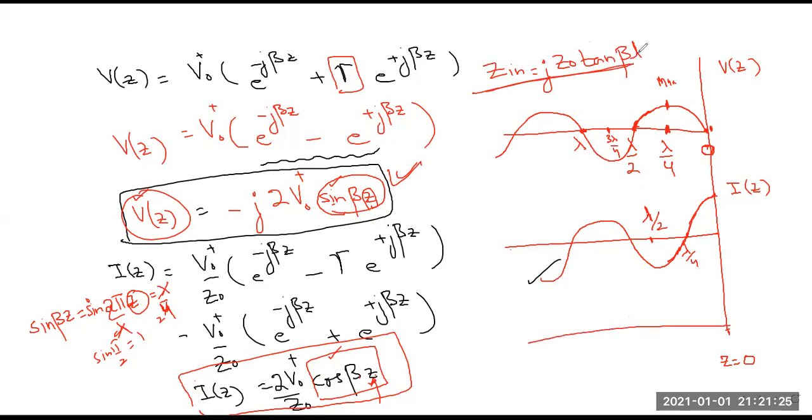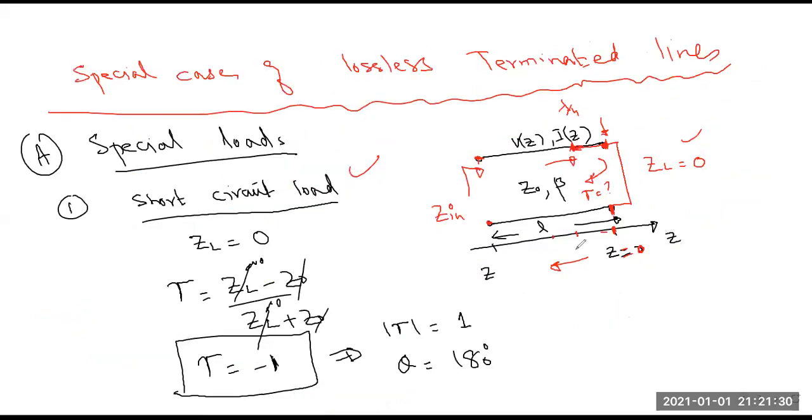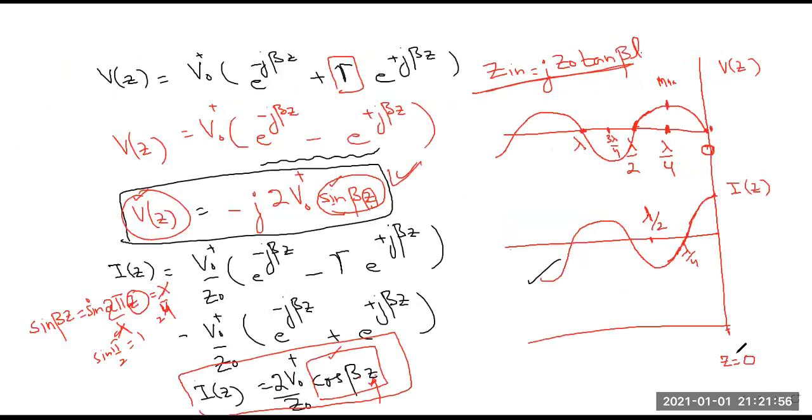Now, in this equation we have L, but you already know that this axis is z, and when you move along this direction, actually L is changing. We already know the relationship that z is equal to minus L. So at this position, you can say L is equal to 0, and when you move away, L is increasing. So z equal to 0 or L equal to 0 is the same thing. When L is equal to 0, it means we are right at this point.